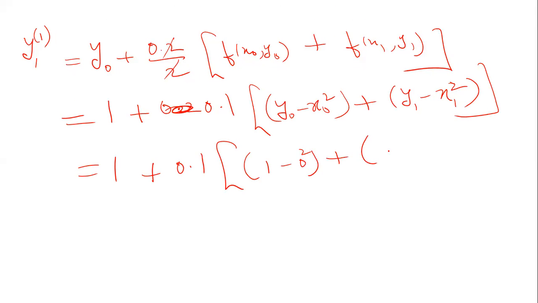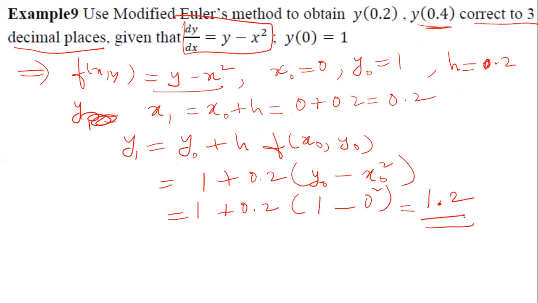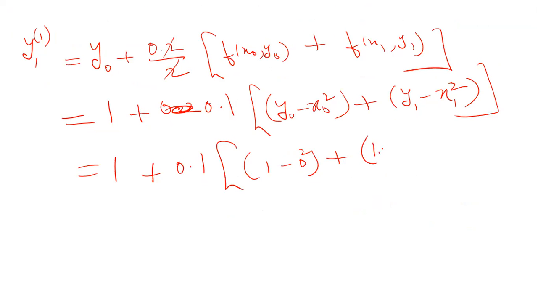So 1 plus 0.1, times: y naught is 1, x naught is 0, y1 is 1.2, x1 is 0.2. So 1.2 minus 0.2 squared. I'll have to take out my phone calculator again. 0.2 squared is 0.04.